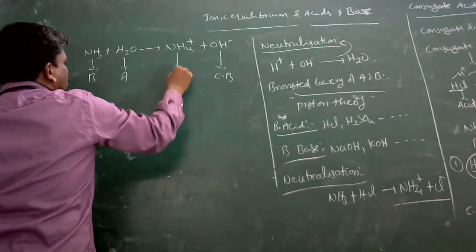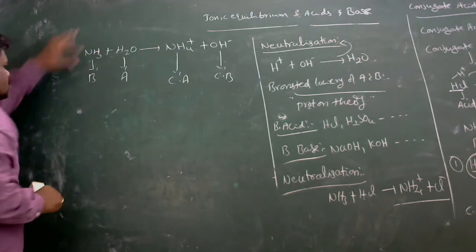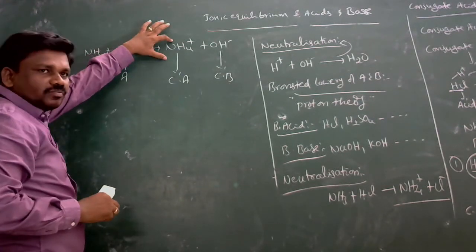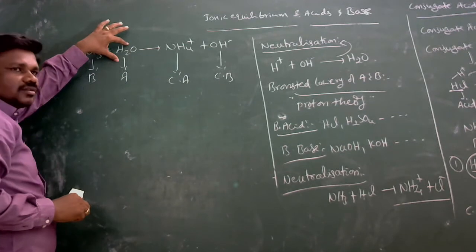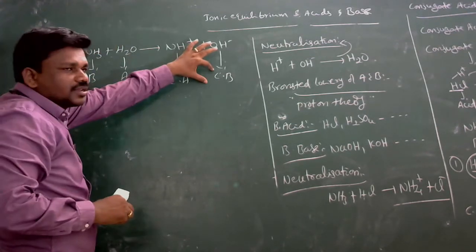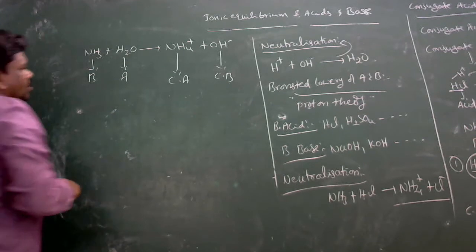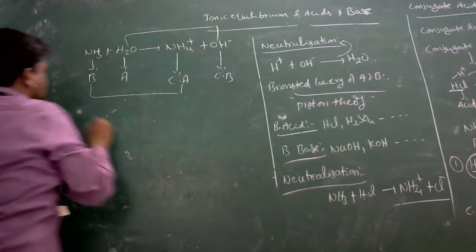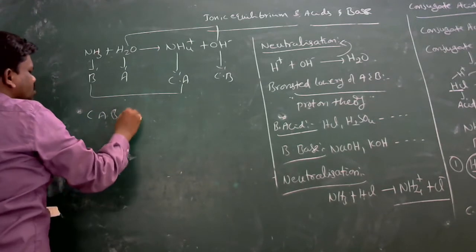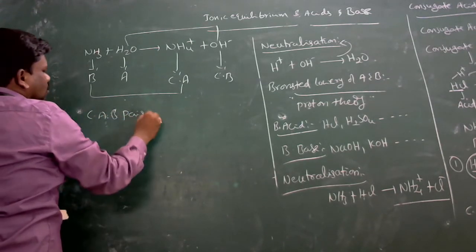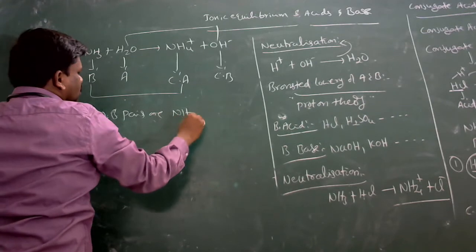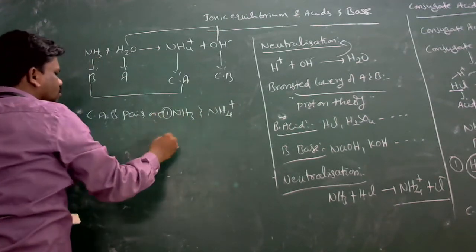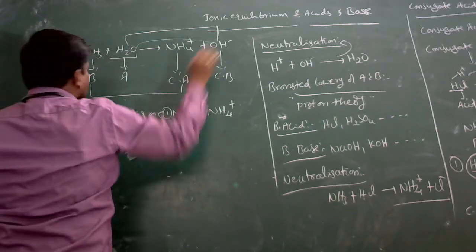The conjugate acid base pairs are NH3 and NH4+, and H2O and OH minus.